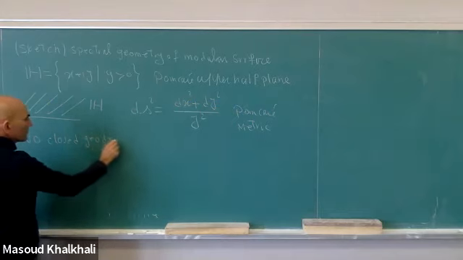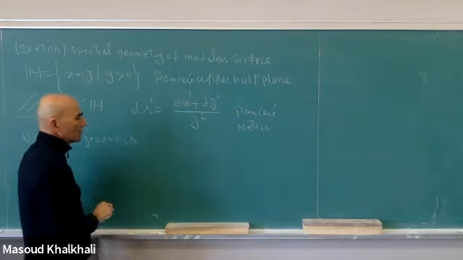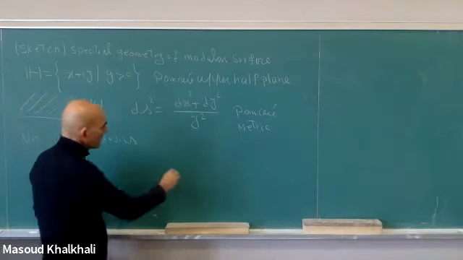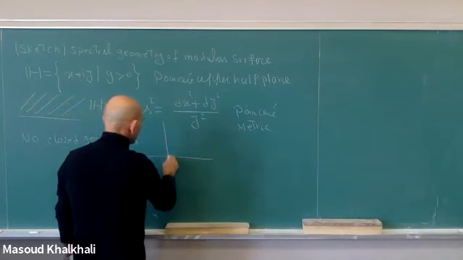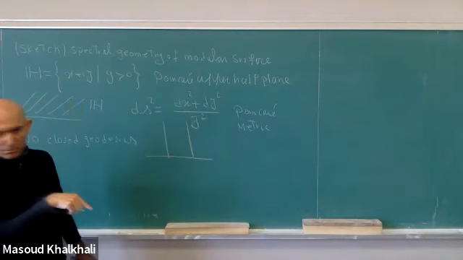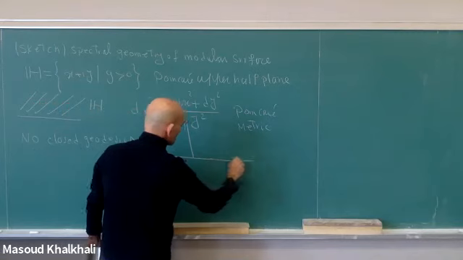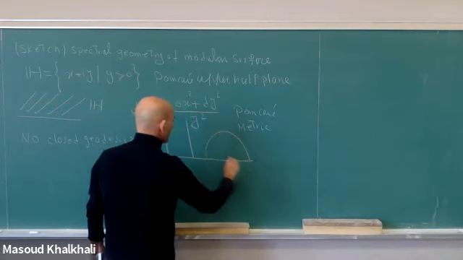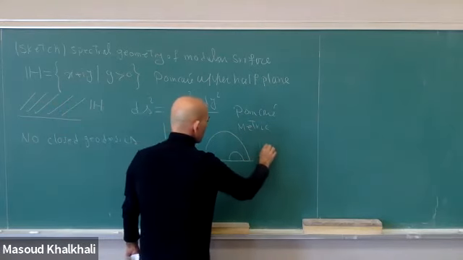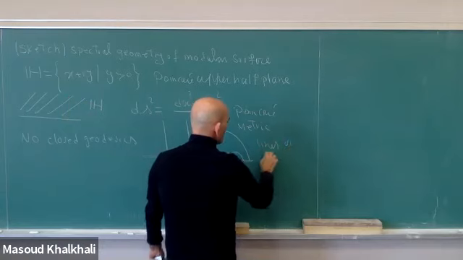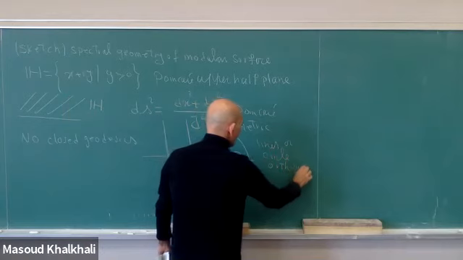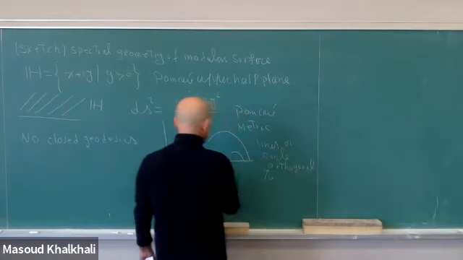I mean, geodesics are of two types, either lines that are orthogonal to the x-axis, or circles orthogonal to the x-axis.